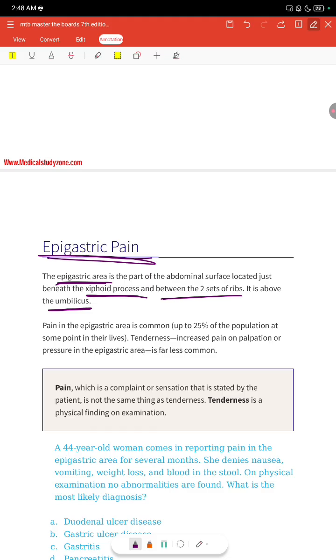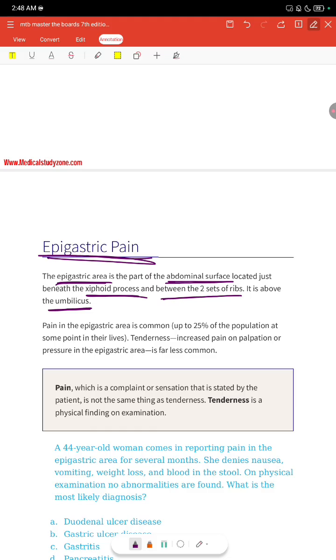So, the epigastric area is the part of the abdominal surface located just beneath the xiphoid process. The xiphoid process in the thorax can easily be palpable.